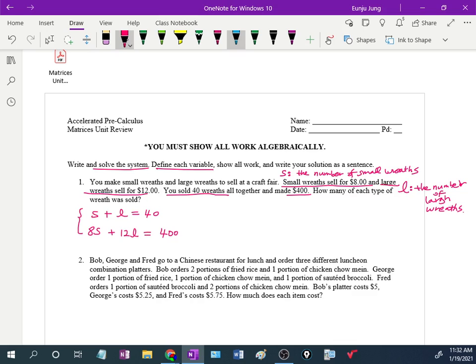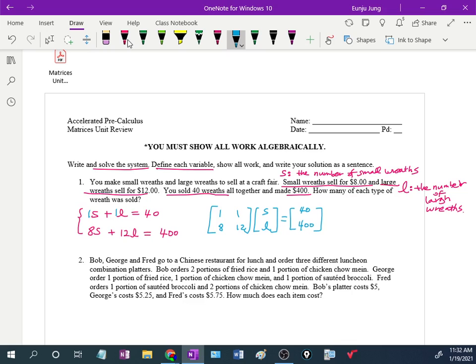Yep, let's do that. Let's create the equation. Here, 1, 1, an invisible 1. So let's have the coefficient matrix 1, 1, 8, 12. The variables are S and L in order, and then the column matrix is this.